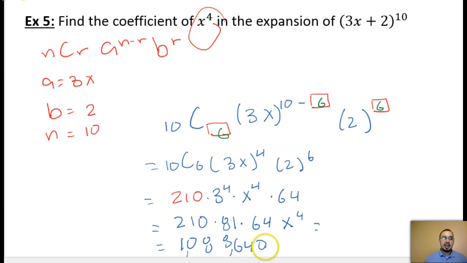We get 1,088,640 is our leading coefficient for x to the fourth power. Pretty big number. This makes it that much easier. Imagine multiplying this 10 times with a box method or FOIL. It would take forever. This actually saves us a lot of time.